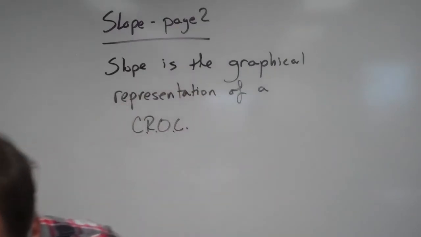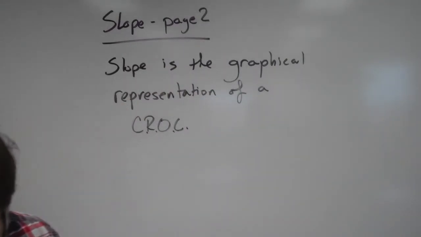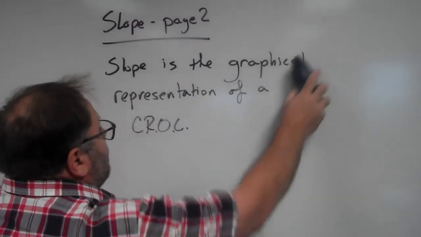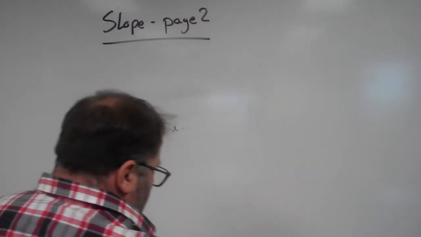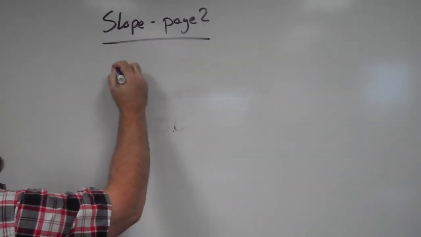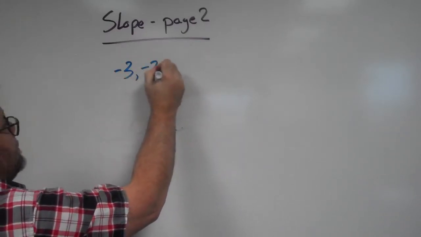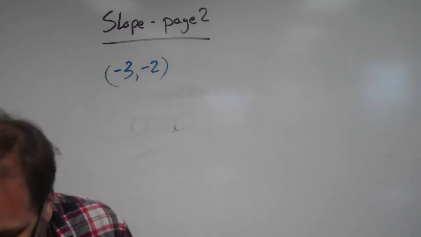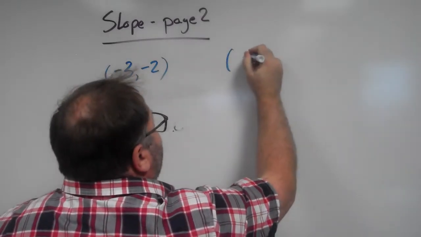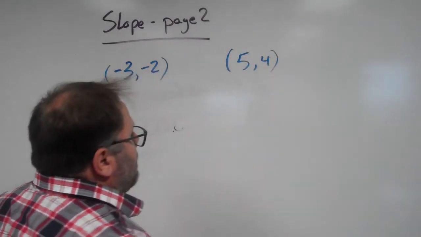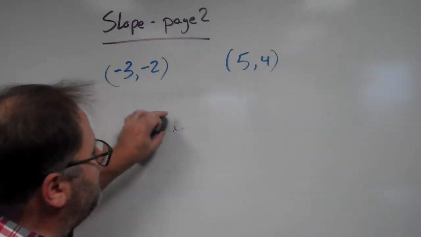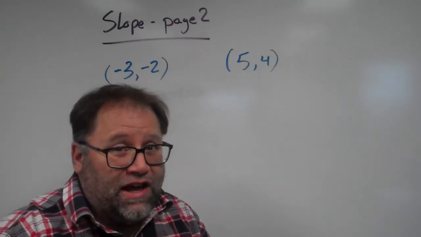Now, let's do this last problem here. I've got negative 3, negative 2, and then 5, 4. Now, because we're using points, I'm going to write this a little bit differently than I did the last one.